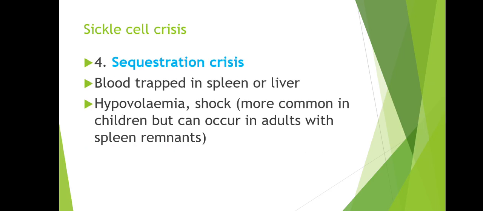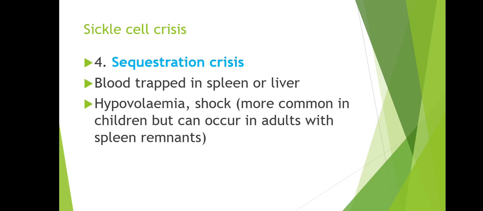And then, last but not the least, we have the sequestration crisis. What happens is that blood gets trapped in the spleen and the liver. Then there's going to be hypovolemia, even shock. Shock, though, is more common in children, but it can also happen in adults with spleen remnants.